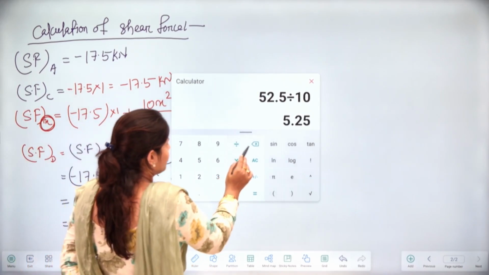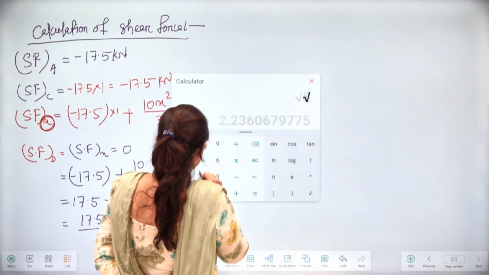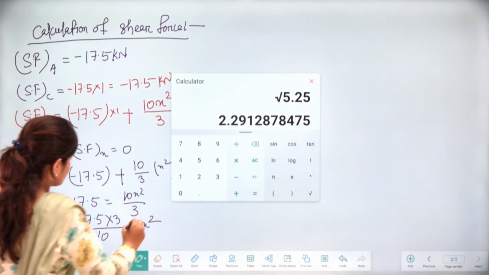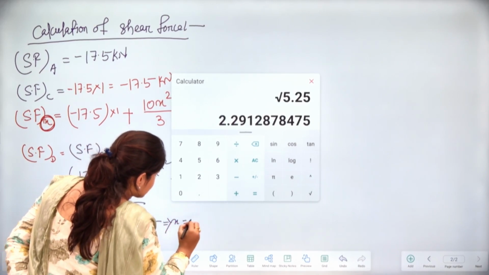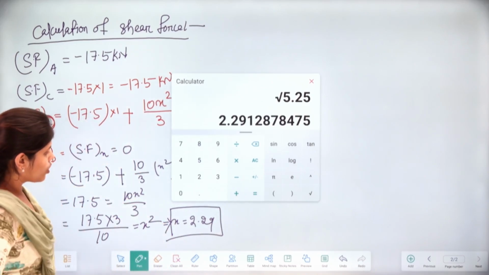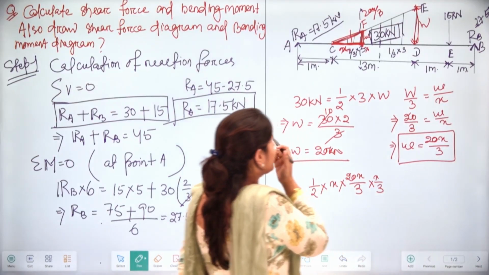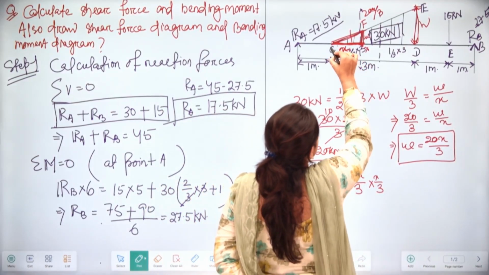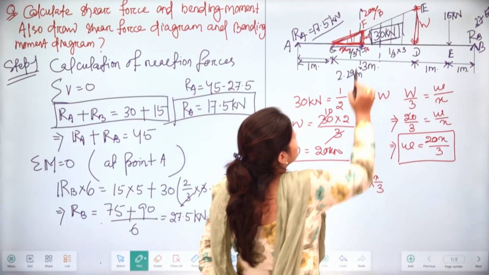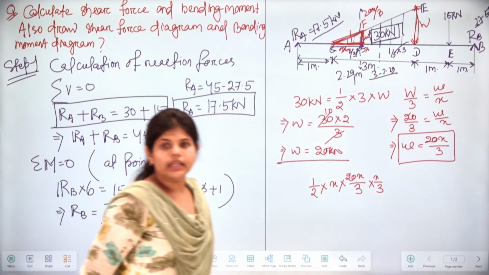So x is root over 5.25, that is 2.29. So here we have x as 2.29. You can see here this distance we got as 2.29 meter. So this distance will be 3 minus 2.29.